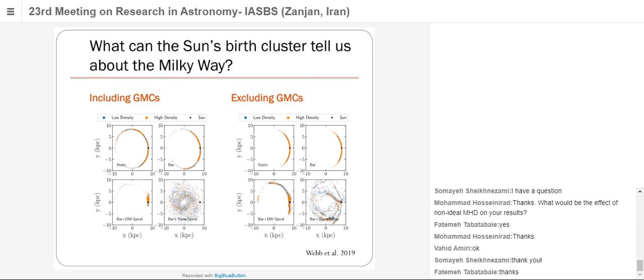And so you can have stars that all formed in the same cluster very quickly be redistributed throughout the Milky Way. One interesting conclusion from this study was that spiral arms in particular can really destroy star clusters that form and evolve in the plane of the disk and really spread out all those siblings.